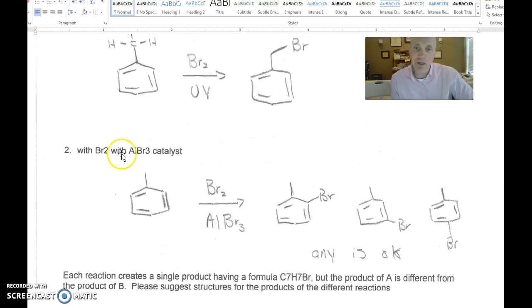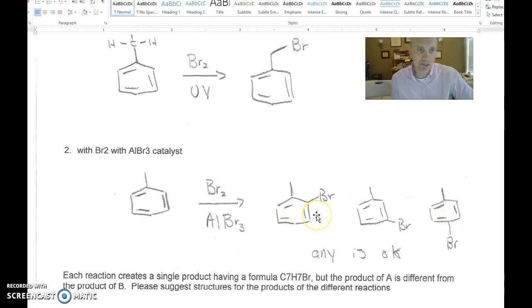product. The next reaction uses elemental bromine with an aluminum tribromide catalyst, or I guess you could say aluminum bromide. The difference is that this is going to be a substitution reaction that occurs with the hydrogen on the benzene ring. You could either substitute this hydrogen or this hydrogen.